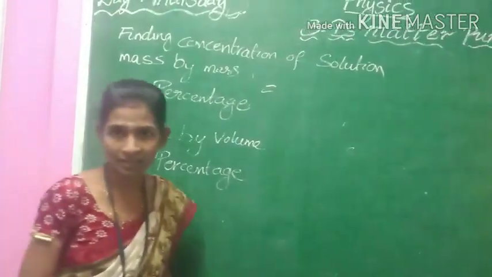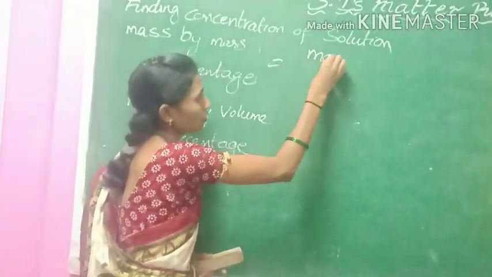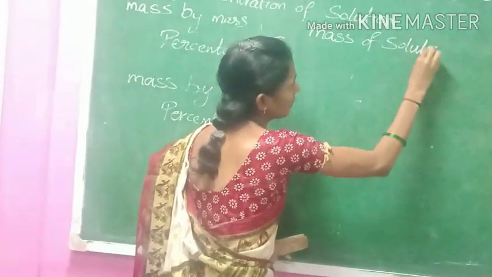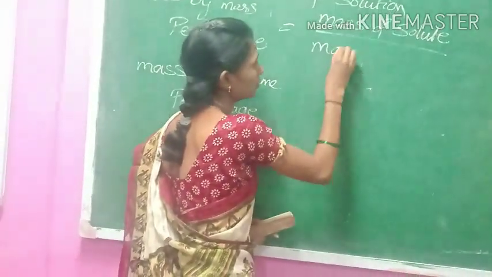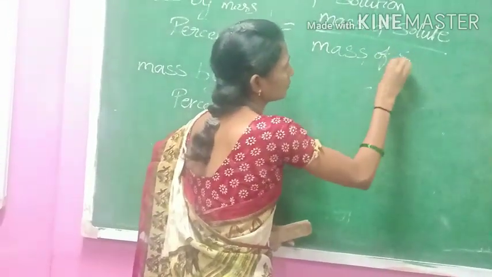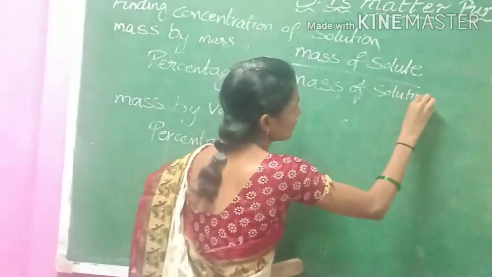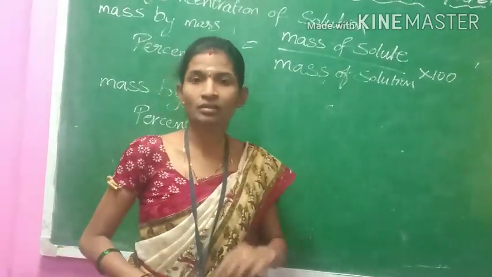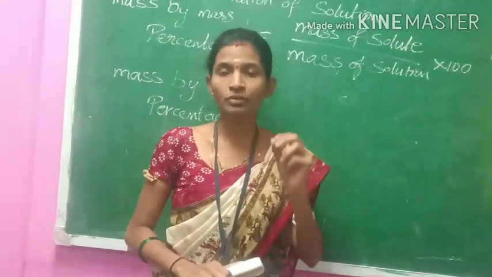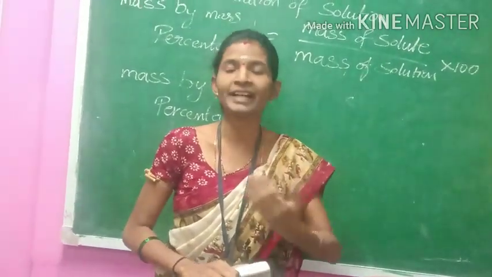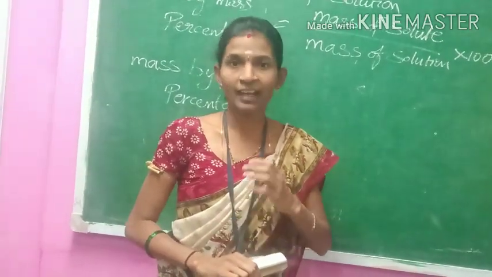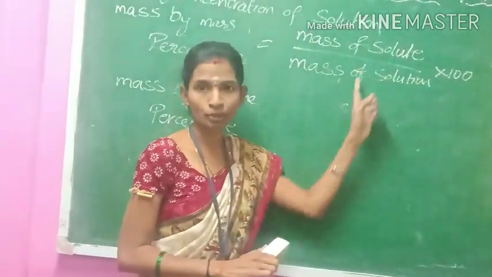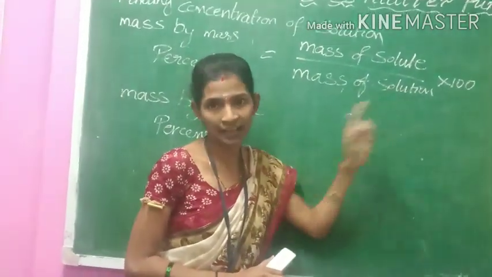Mass by mass percentage is mass of solute divided by mass of solution into 100. The amount of solute present in the solution is what we find by means of concentration, and that concentration for mass by mass percentage is mass of solute by mass of solution into 100.